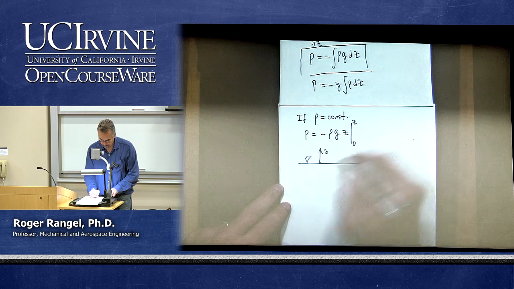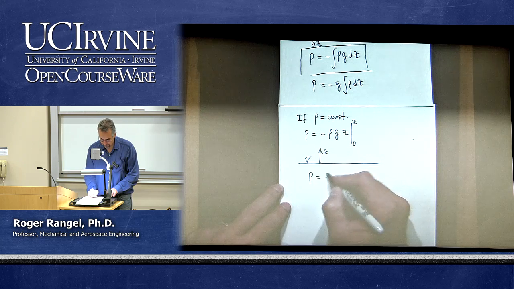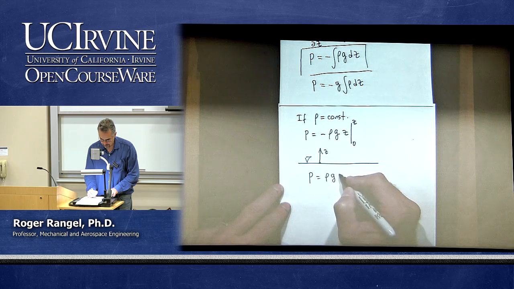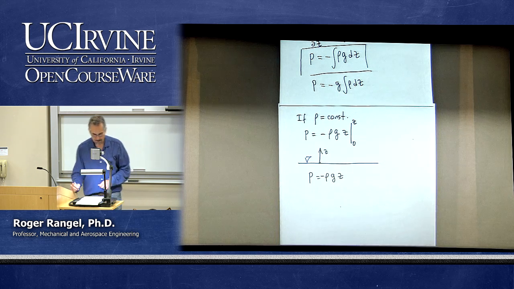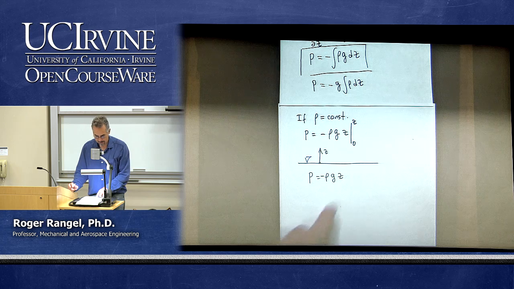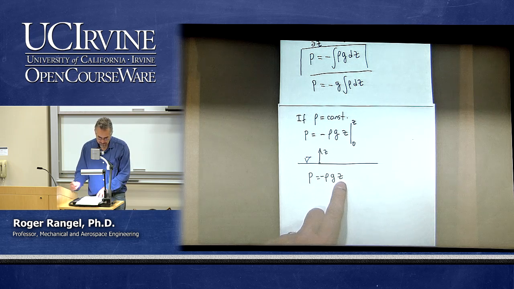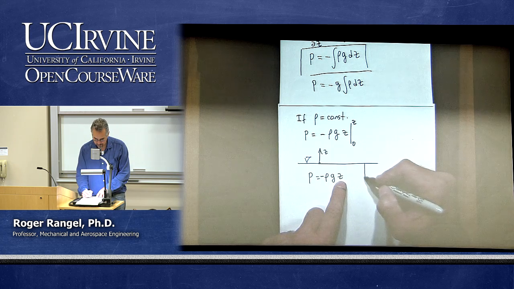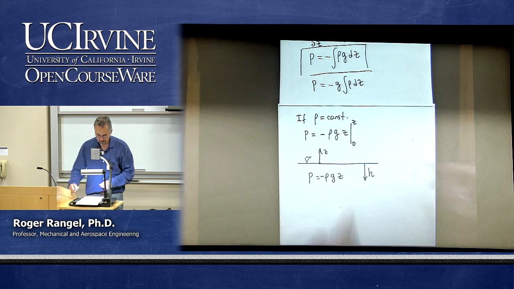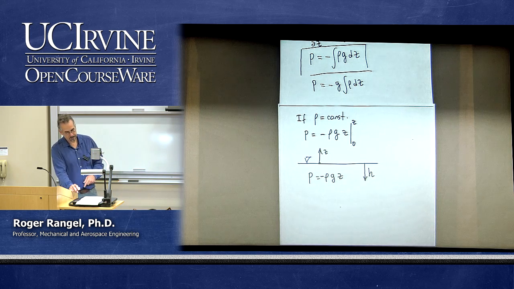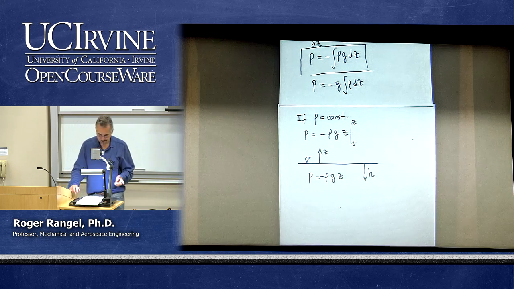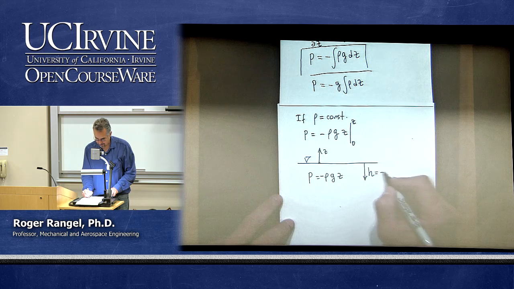But then this will just reduce to p equals minus rho g z, where z is measured from the surface down. That's sometimes inconvenient. It might be easier to have a coordinate system that is positive as you go down, so you can define an h that is equal to minus z.